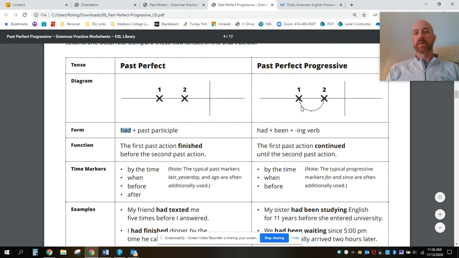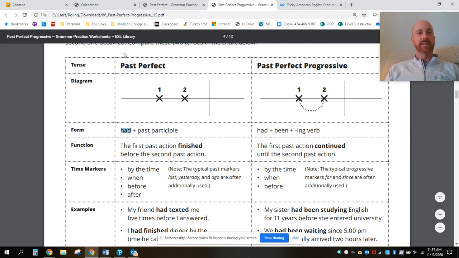Here, she had been working on her homework for 2 hours by the time the movie started. And in this one, the focus is more on the duration or the time of the first event that was in progress. And again, it stops when the second one begins.